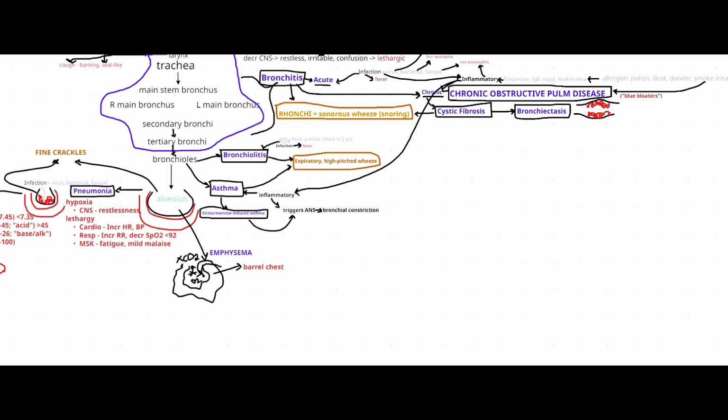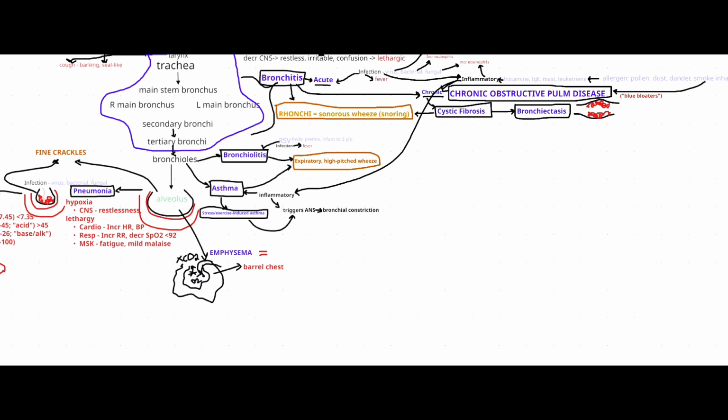So again, in emphysema, we'll say that there is loss of alveolar wall elasticity, right?